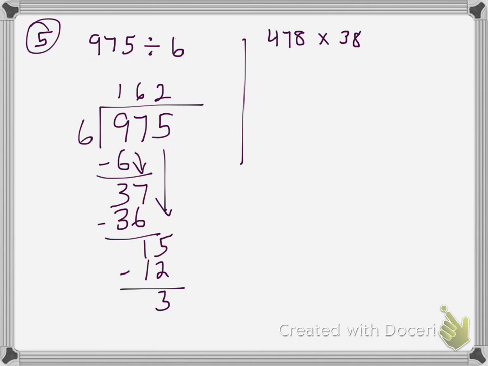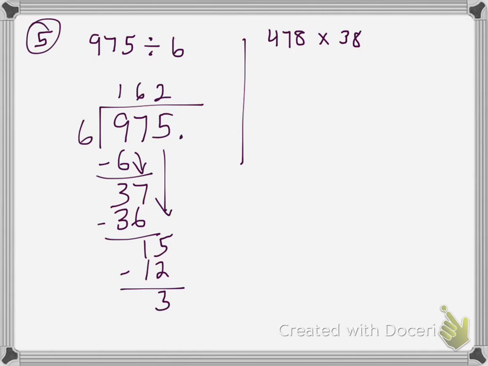And you could handle this a few different ways from this point. One would be to stop and say that my final answer is 162, and then I could express this as a fraction and put my 3 right here over the divisor, 6, and I could say my final answer is 162 and 3/6.